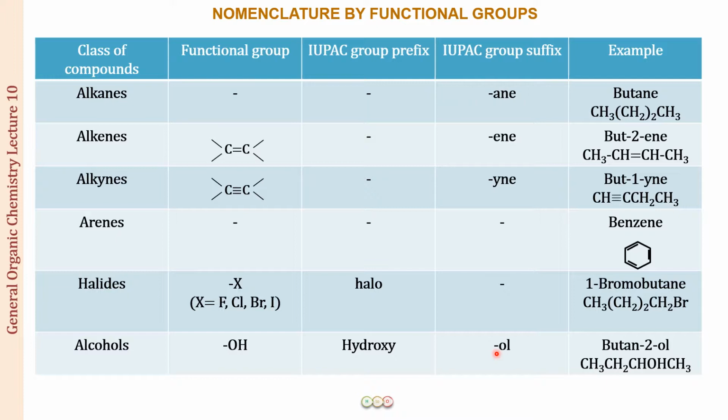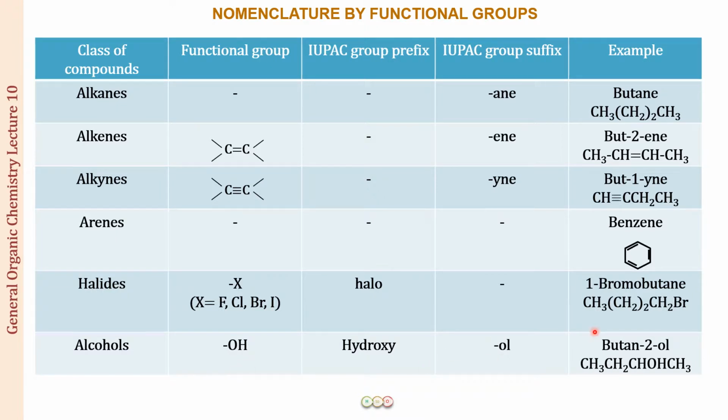When this OH group is present as the functional group, we mean that this is the group that imparts the most important characteristic properties to that organic compound. So when this is the only group present, this will be the functional group, and we will use a secondary suffix for the OH group in the name of the compound.